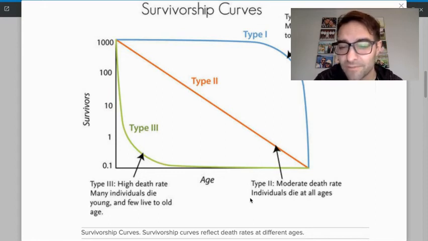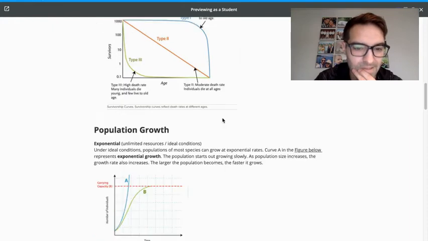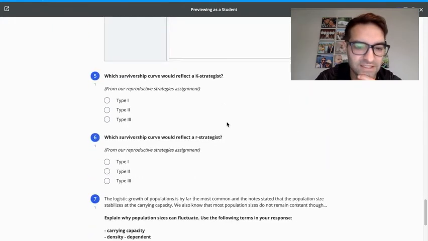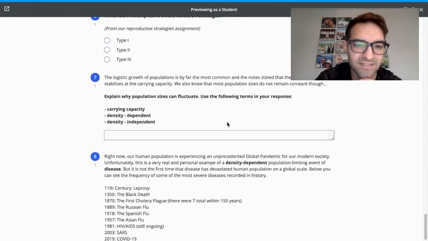So hopefully you took notes, or you can go back and open it up if you need to review it. But a K strategist or an R strategist for type 1, type 2, or type 3. Okay, so again, that's 5 and 6. And last couple questions.